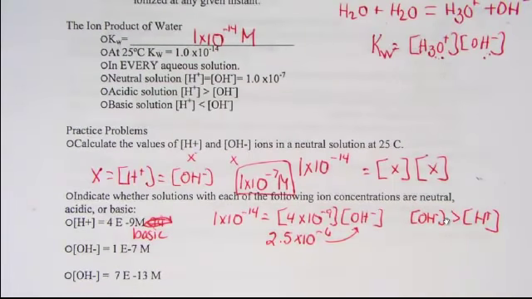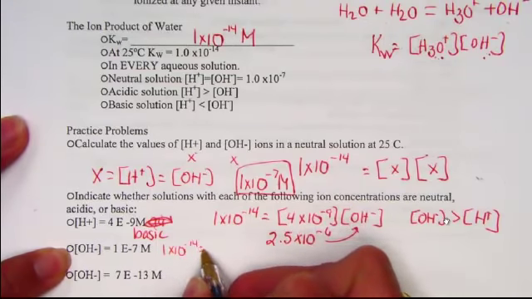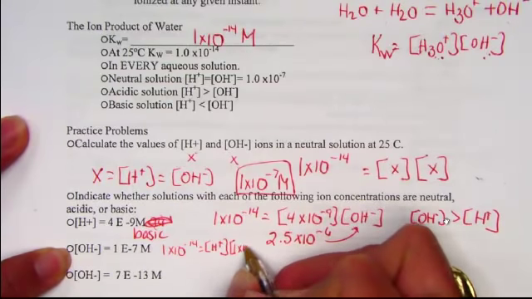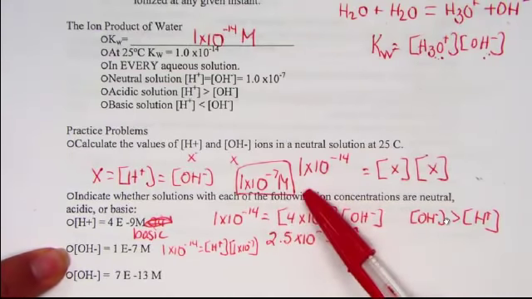In our next example, hydroxide is provided for us. Kw is still a constant, 1 times 10 to the negative 14th. The hydrogen ion is what we're looking for, given the other value of hydroxide, 1 times 10 to the negative 7th. This one should look familiar. We just did it right up above.